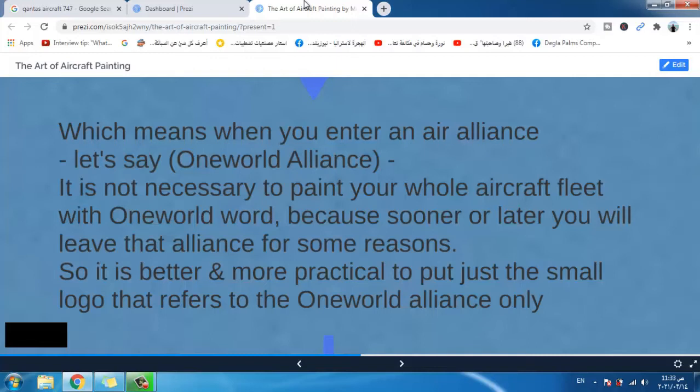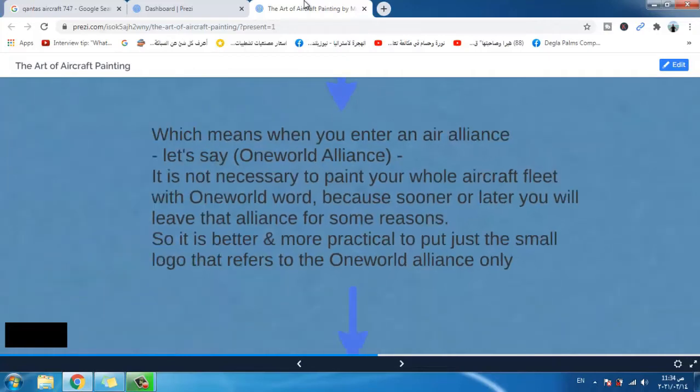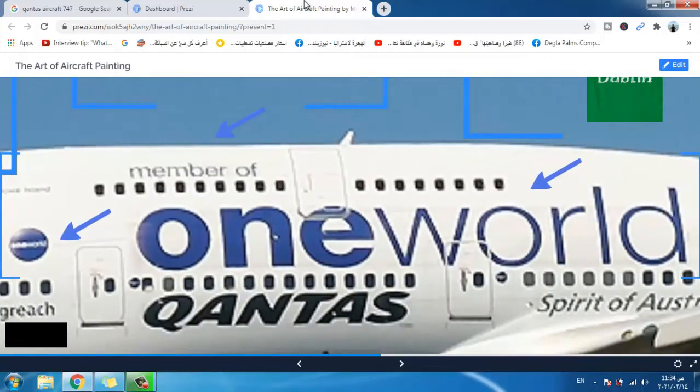So it's better and more practical to put just a small logo that refers to the One World Alliance only, because you will spend money on doing this and will spend money again to remove it when you get out of this airline alliance. It's like this: on the aircraft, they put One World in a very big font, the logo, the circle of One World, and the words "member of".